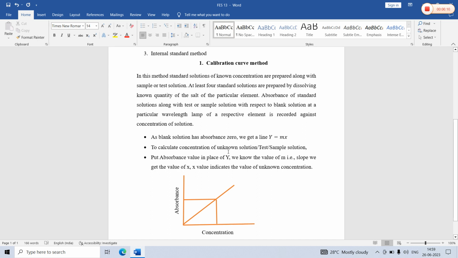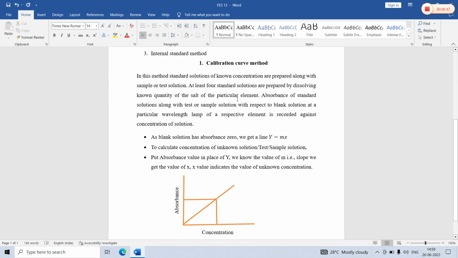To calculate the concentration of the unknown or test or sample solution, we put the value obtained from the flame photometer in place of y. We know the value of m, that is the slope, so we get the value of x, which indicates the unknown concentration. So this is all about the calibration curve method.